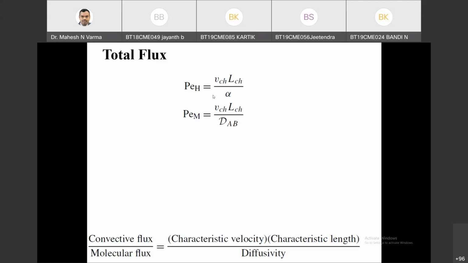So I don't want you to do a PhD on this Peclet number. I'm just asking the fundamental physical significance of the Peclet number for heat transfer. If the Peclet number is very, very high, what will be your conclusion?